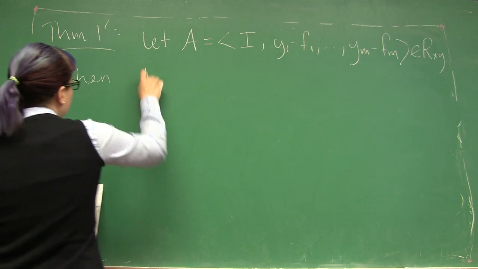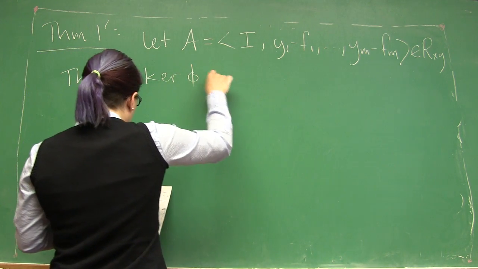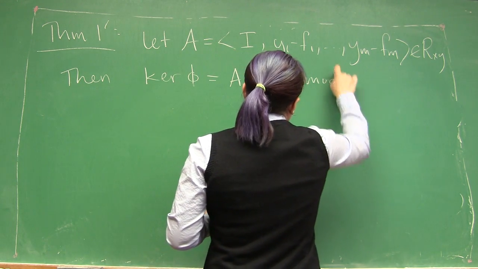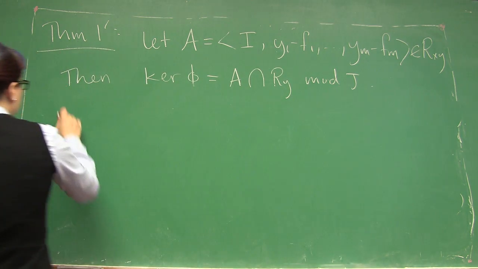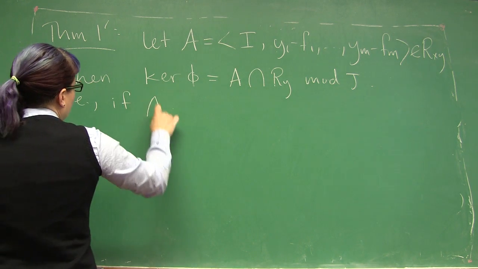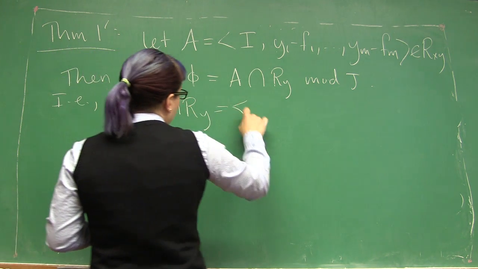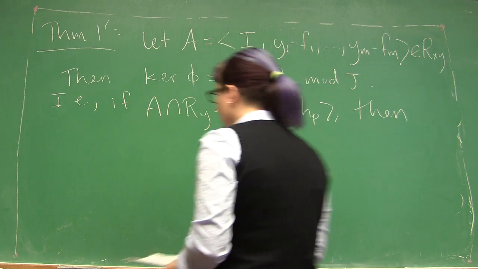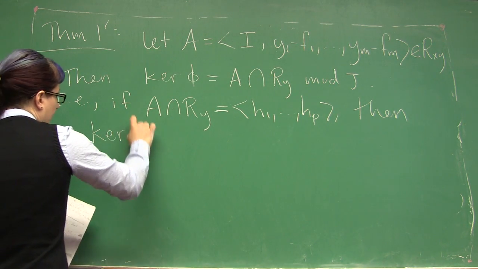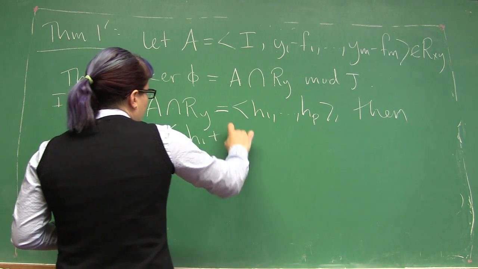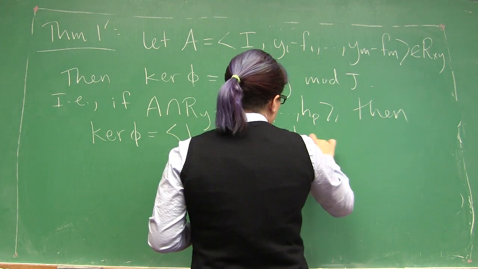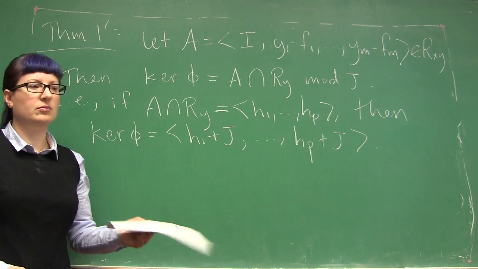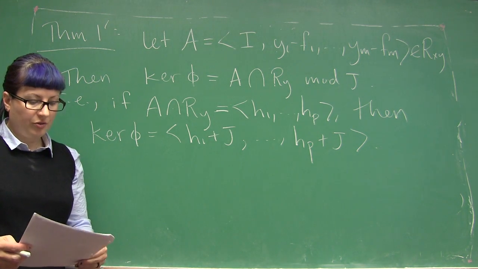Then the kernel of phi is precisely the intersection of this ideal A with Ry mod the ideal J. I.e., if A intersect Ry is generated by the polynomials, say, h1 through hp, then the kernel is the ideal generated by h1 plus J through hp plus J. Okay, so that addresses our first question in this quotient ring setting.